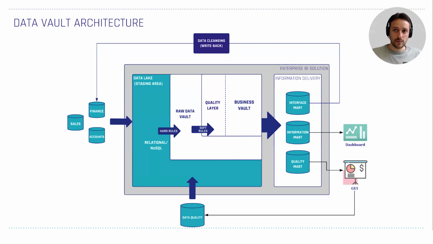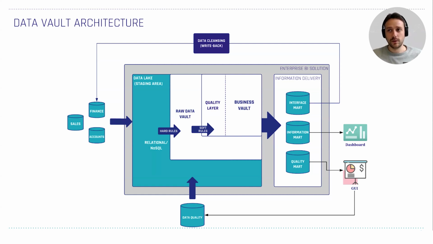And based on this, reports or graphical user interfaces can be created for the data steward, for example. And in the best case, the data steward will forward those records to the team that is responsible for the source system, to fix the errors there.